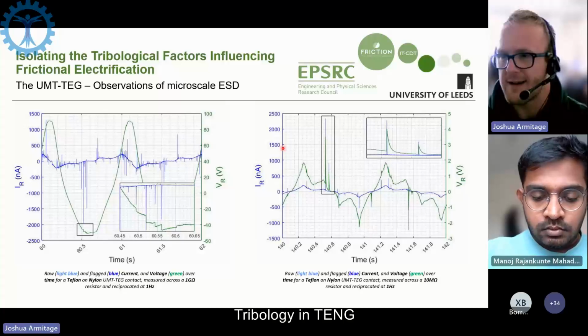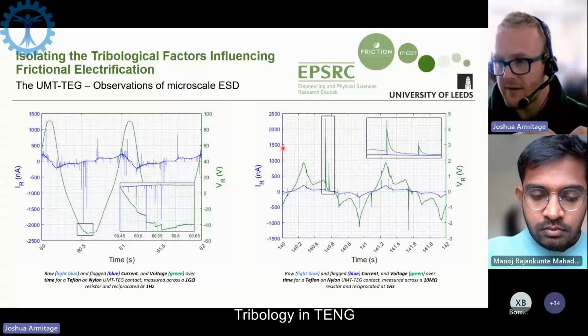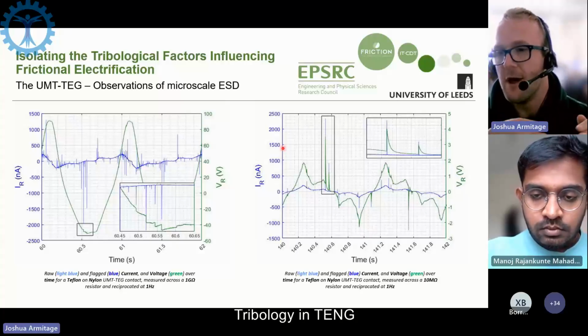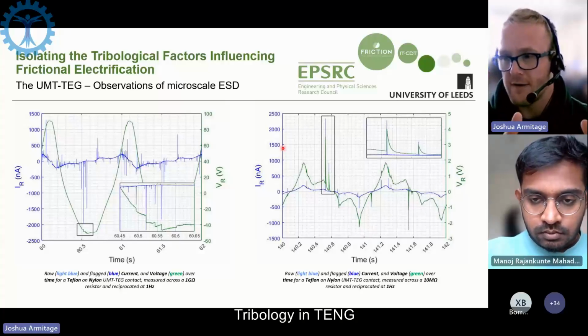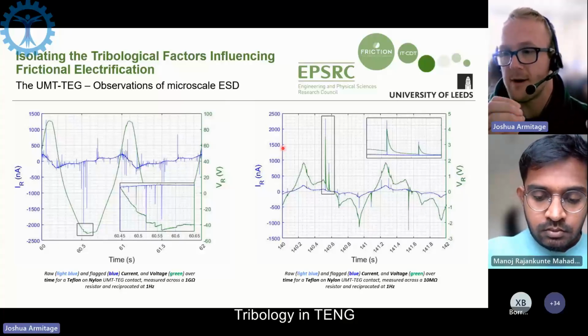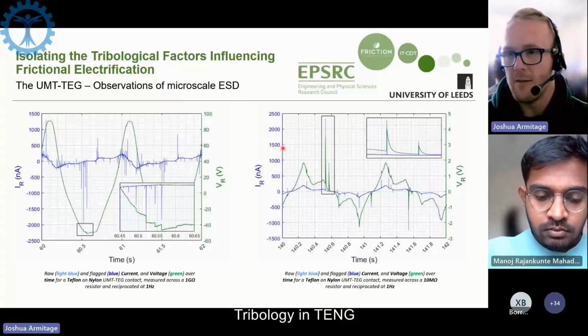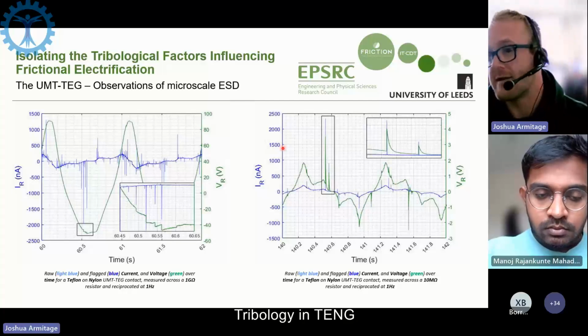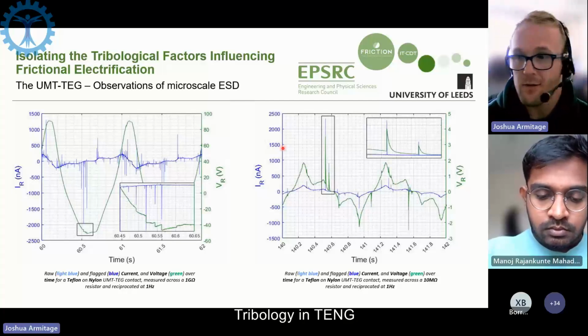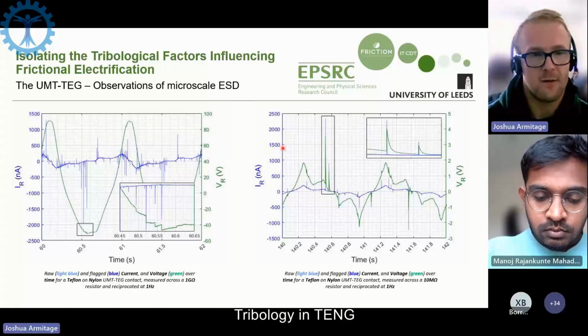When there's so much charge within an area, we reach a saturation level. If we put more charge on there, within that area, it becomes energetically favourable for that charge to then tunnel back. And normally that leads to electrostatic discharge happening. And that's what we're attributing these events to.